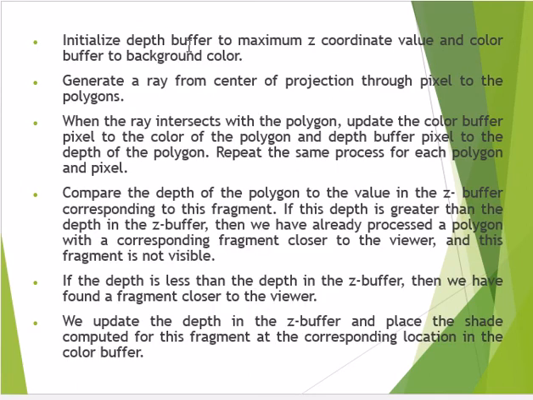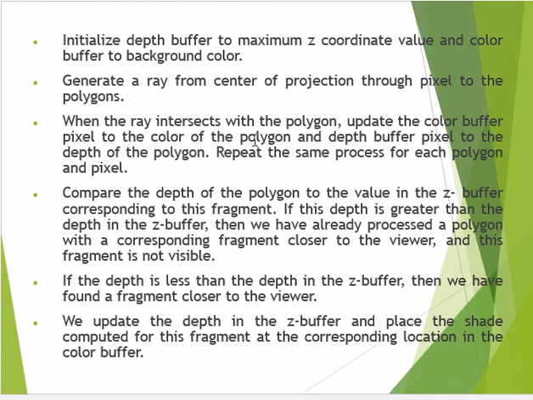You need to initialize the depth buffer to the maximum Z coordinate value and the color buffer to the background color. Then we generate a ray from the center of projection through the pixel to the polygons.